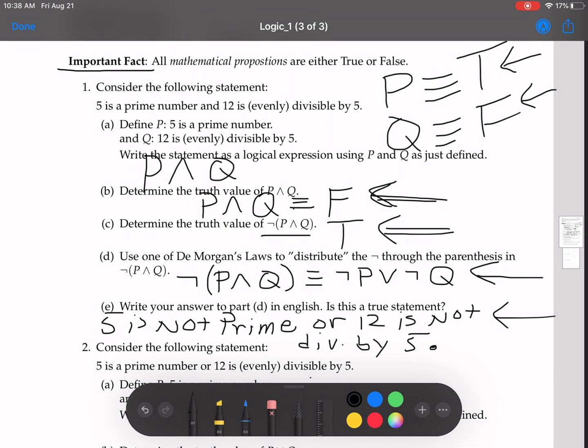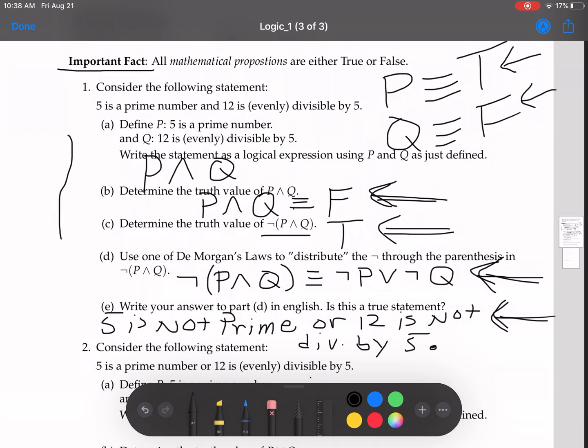That's this right here. Well, what does that mean? Not P and Q is equivalent to not P or not Q. That's in symbols what it means. Now taking it out of the world of symbols into plain language, we see that this is 5 is not prime, or 12 is not divisible by 5. So that's the idea with these problems.